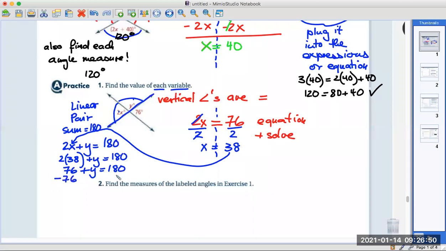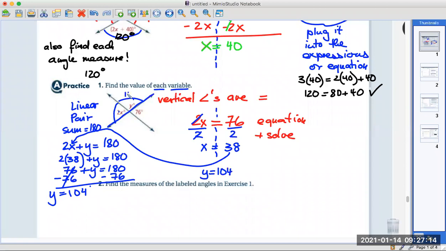Subtract 76, and y is 180 minus 76, which is 104. Yep, so y is 104.